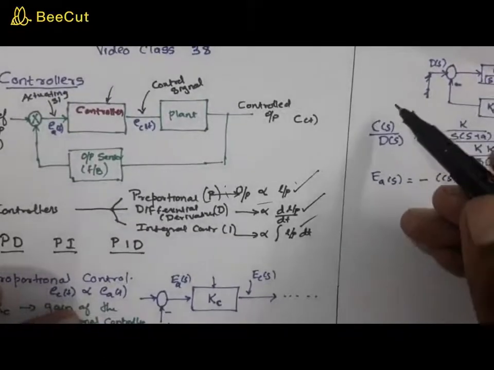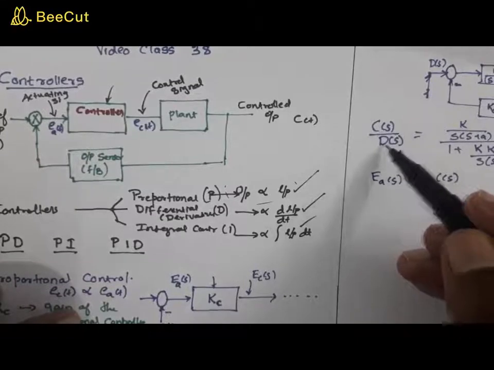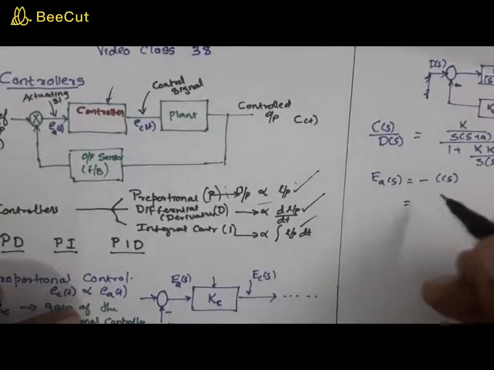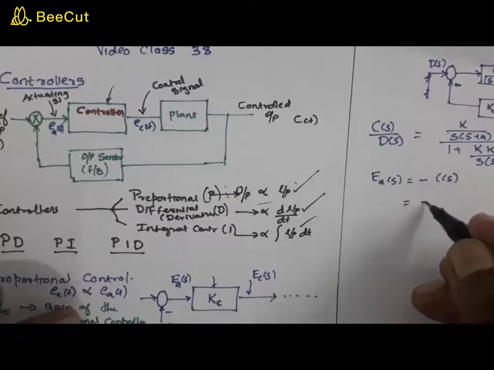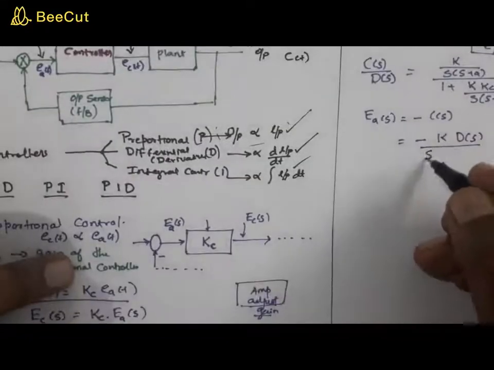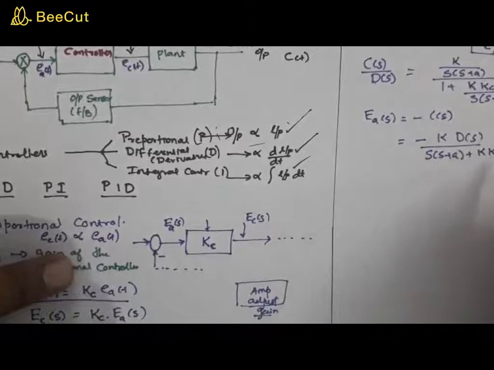Now from this equation you will be able to get C(s). C(s) is nothing but D(s) into K by s(s plus a) plus K by sKc. So from this you will get this as minus K into D(s) divided by s(s plus a) plus K into Kc, right?